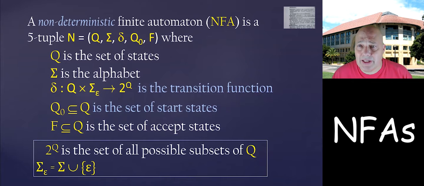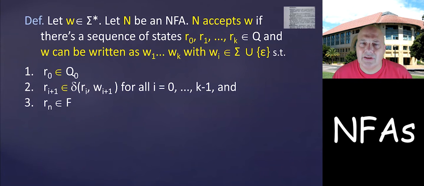So this is how you specify formally an NFA, and we need to again define what are the languages accepted by the NFA. So a string W is accepted by NFA N if, again, there is a sequence of states R0 to Rk, and we can write W as W1 to Wk, where the Wi's now are not only symbols, but symbols or an empty string, with the following property.